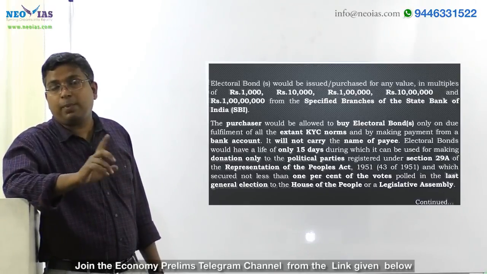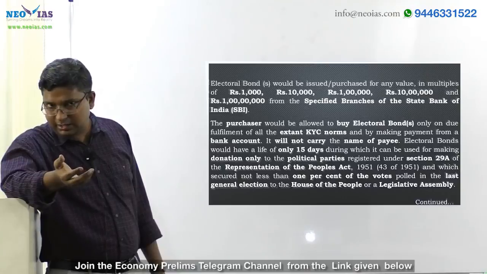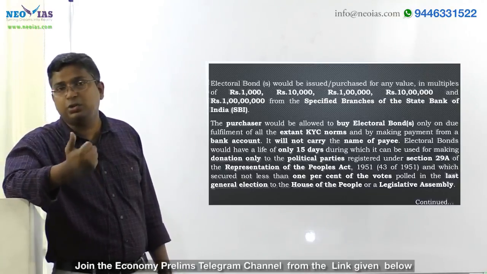Now not all political parties can use the electoral bond.